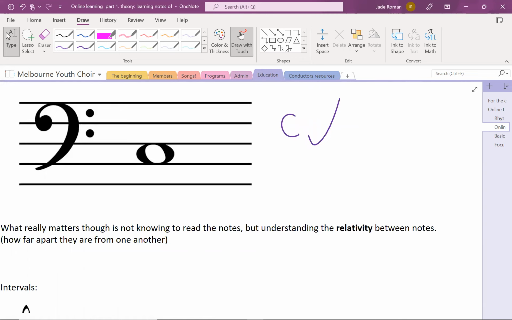So what I wrote here is what really matters is not knowing how to read the notes, but understanding relativity between notes, how far apart they are from one another, how to get from one note to the other, or how to get back down. And this is basically going to be talking about intervals and what they sound like. And like I said, if you're able to do that, you'll do super well with any kind of music presented to you. So I'm going to cover that in the next video.